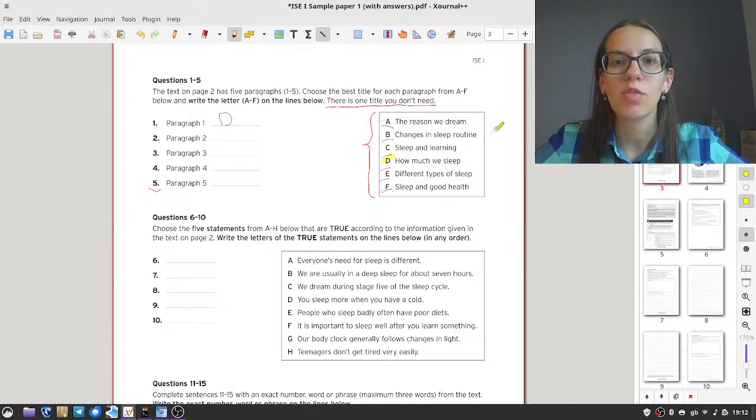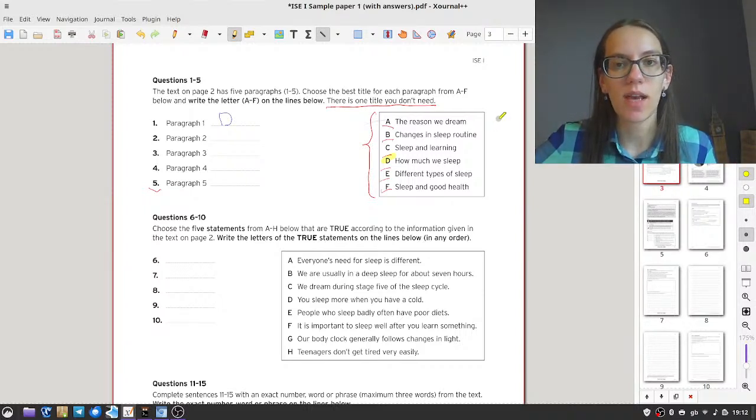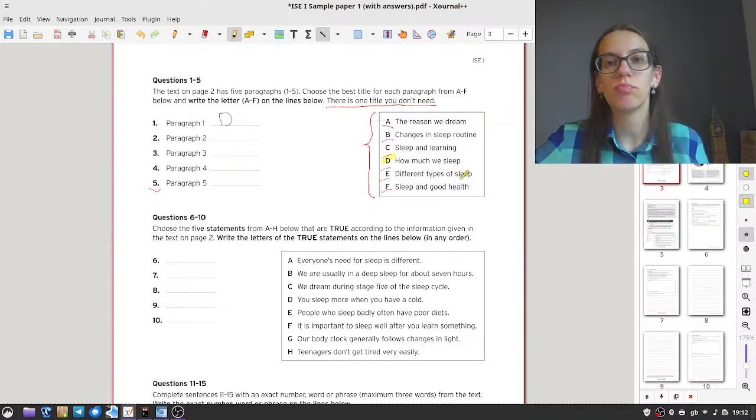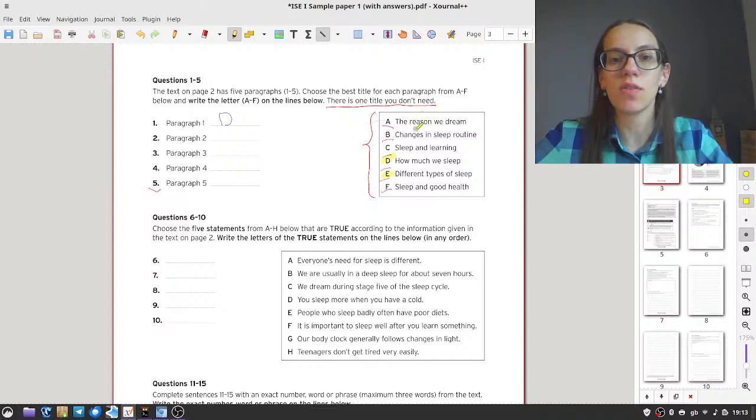So it's not a change in sleep routine, it's changes during the cycle of sleeping. Yeah, sleeping and learning, no, nothing about learning. Different types of sleep. Now this one looks better. Yeah, so different stages, we could say that it's different types of sleep.